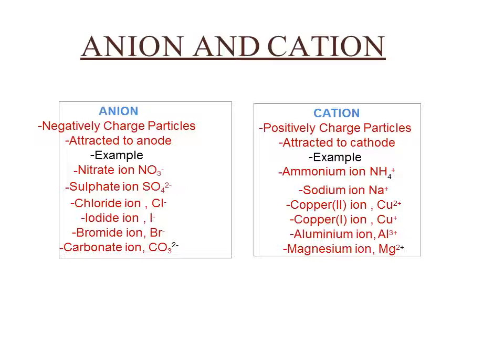Now let's talk about a few examples of cation and anion. So examples of anion: nitrate ion, sodium nitrate. Then we have sulfate, SO4. That means all have negatively charged particles. Then chloride ion, iodide.